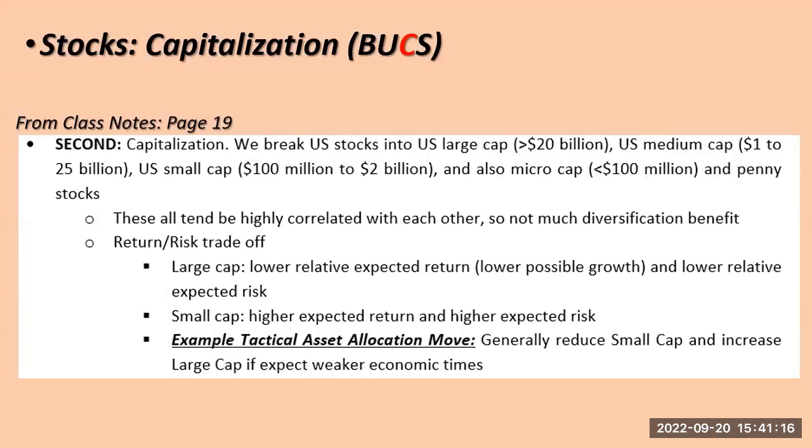They do deserve their own categories. They tend to be highly correlated to each other. And so what it really comes down to is within stocks, that's really important. Within stocks, large cap tend to have the lower expected return and the lower risk. And small cap tend to have the higher expected return, the higher risk. So we just think about that.